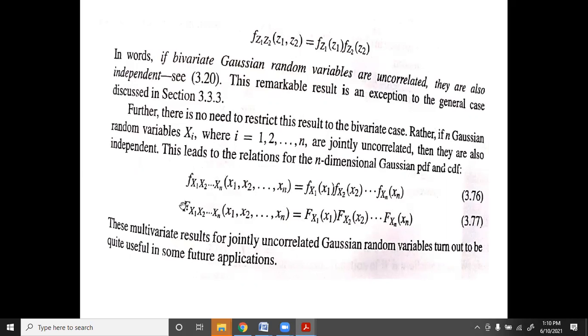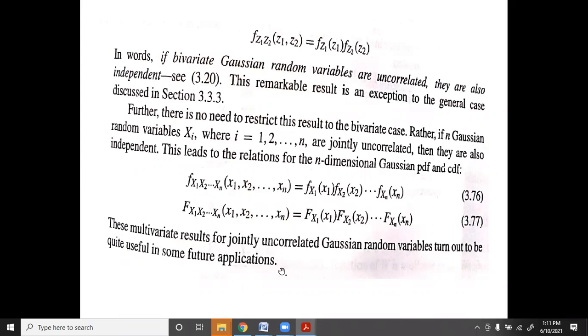Similarly, we can write the same for the CDF also. This is for the PDF and this is for the CDF, and that is only when we have uncorrelated Gaussian random variables. These multivariate results for jointly uncorrelated Gaussian random variables turn out to be quite useful in many applications.